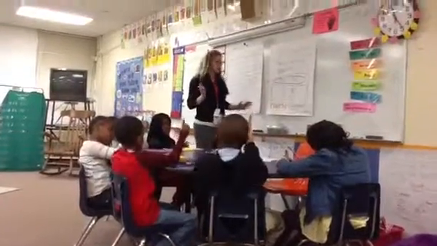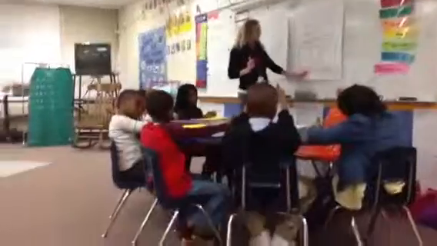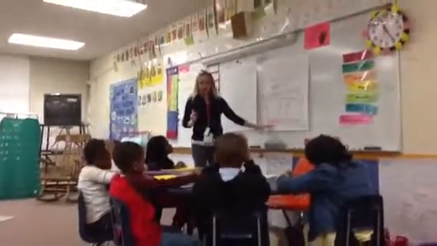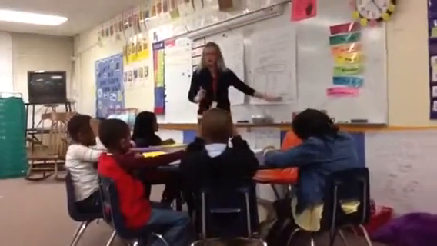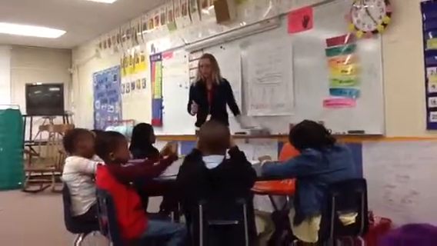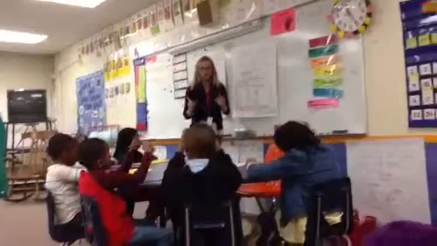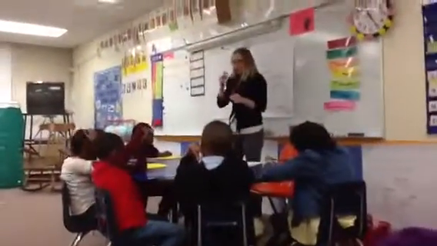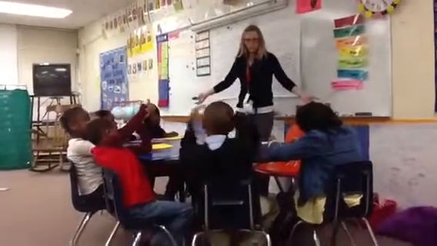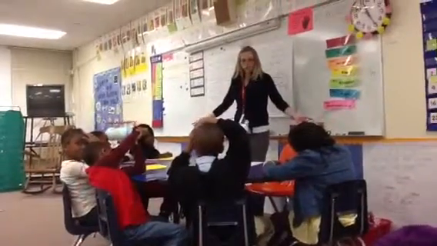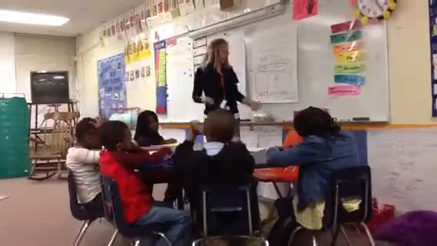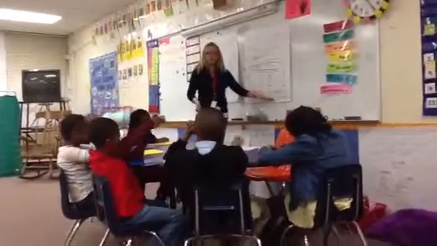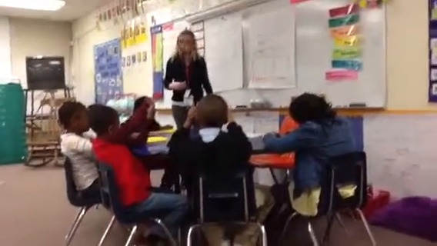Okay, we're going to go into it a little more. Some clues to help you find out the main idea. Sometimes the title of the story can give you the main idea. So if the title of the story was all about cats, it's going to give you a pretty good idea, Alana, that the story is going to be about what? Cats. Yeah, probably cats. The pictures can help you with the main idea.